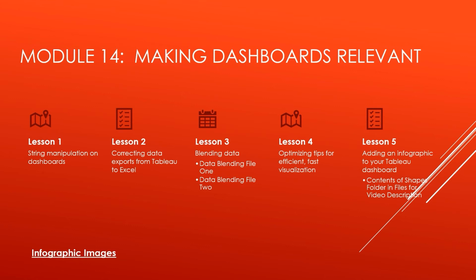In lesson 3, you learned how to blend data. We opened both of the Excel files first so you could see the difference in the data and the similarities in the data between the two files. You learned how to bring in the primary data source, and then how to edit blend relationships if necessary.